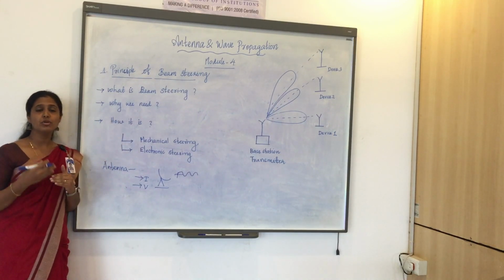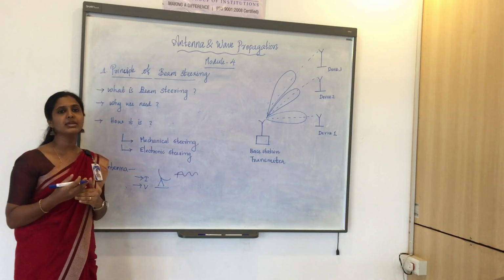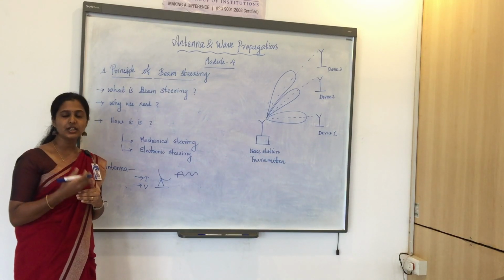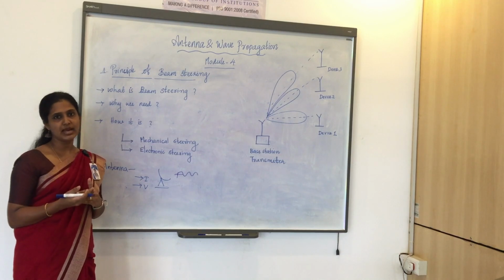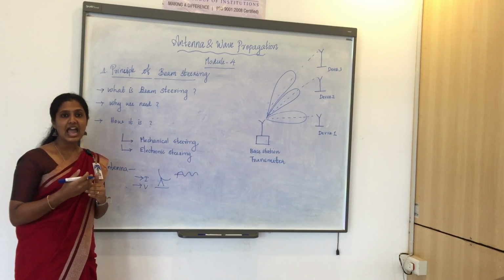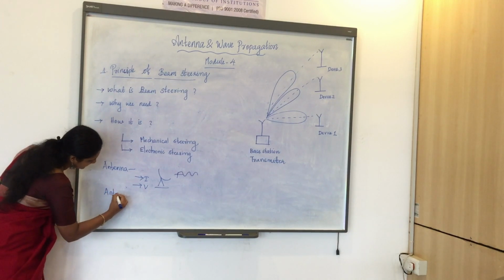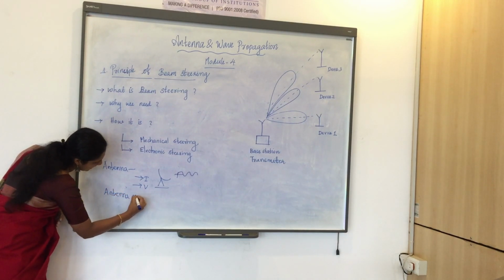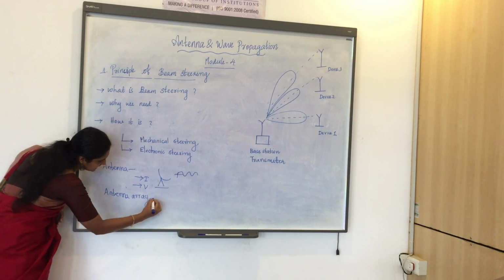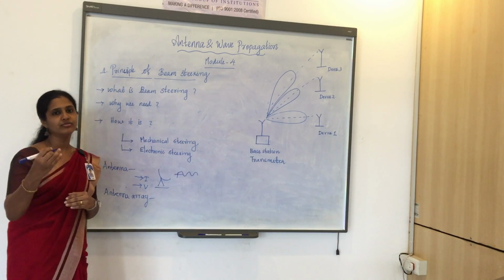In most applications, our aim is to increase the strength of the antenna radiation pattern. So we need an antenna array. As the name indicates, it is an array of antennas.